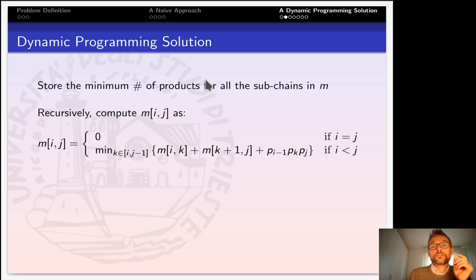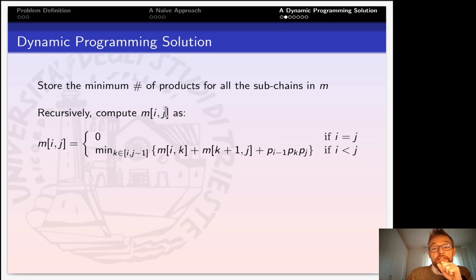So the idea is to store the minimum products for all the subchains in M. M is a matrix which basically stores all the possible minimum products for the matrices going from I to J. So what's the element ij in M?